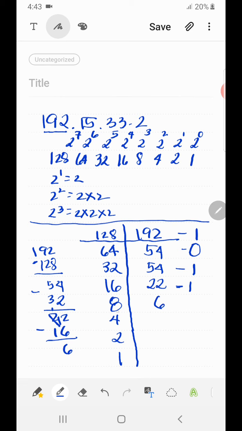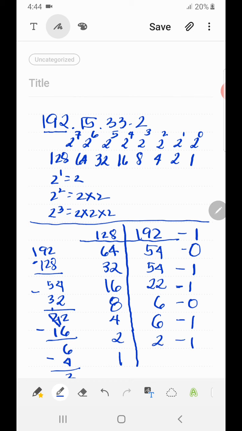Now, this time 8 is greater than 6. We cannot get a group of 8 in this number. So we put there 0. Then next we bring down 6, because we were not able to get a group from here. 4, with 6, there's one group. Then we subtract 4 because we get a group of it. That leaves 2. So next, 2. Again, they are the same, so we can get a group. That will be one group.